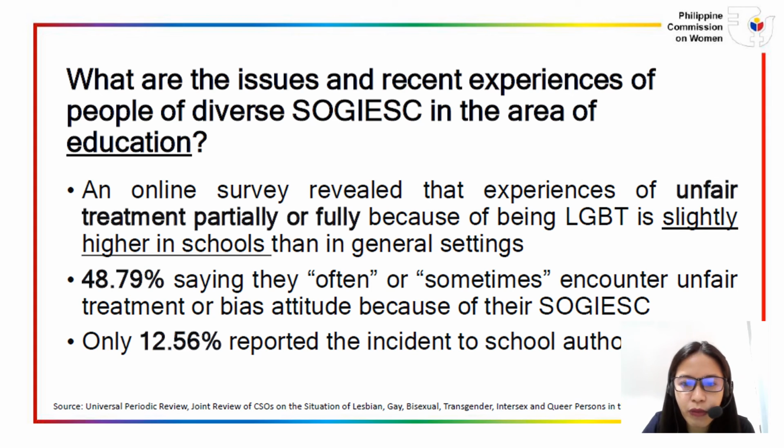The Philippine Commission on Women reported that there could be unfair treatment, partially or fully, in institutions or in schools for LGBT. So they've been telling us what SOGIE is, because they want to eradicate or at least prevent this from happening, because oftentimes we forget that we have this kind of situation in our universities, and even on online platforms.